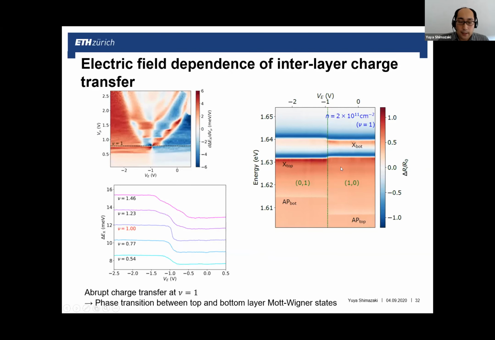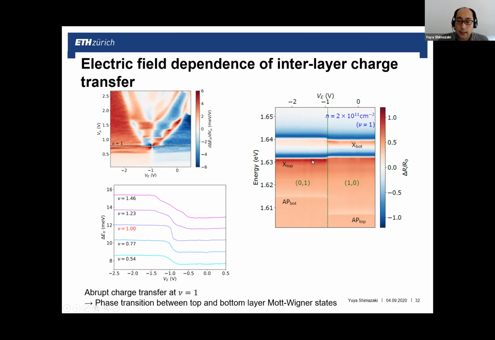Here we show the actual optical spectrum for the case of filling of 1. On the left side, we have this triangular lattice on the bottom layer, and on the right side, we have a triangular lattice of electrons in the top layer.